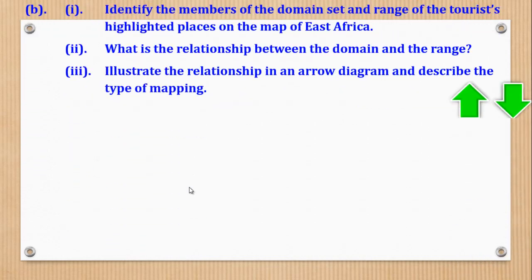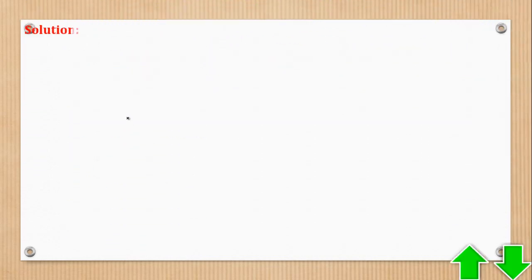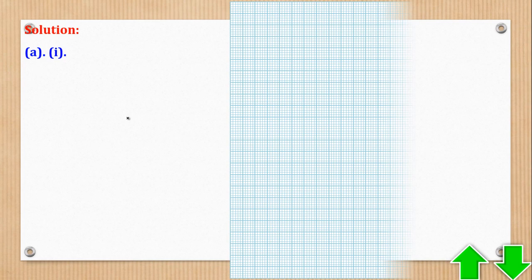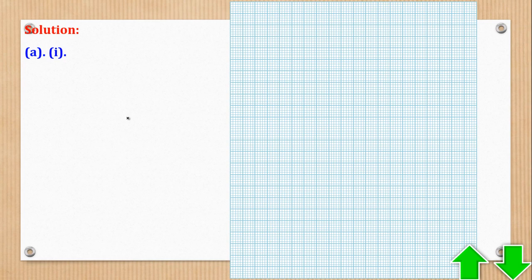For 1, we shall need a grid paper or a graph paper. Then we shall put axes. We have both positive and negative, therefore we need to cater for them. Then demarcate for the horizontal, and put a scale.